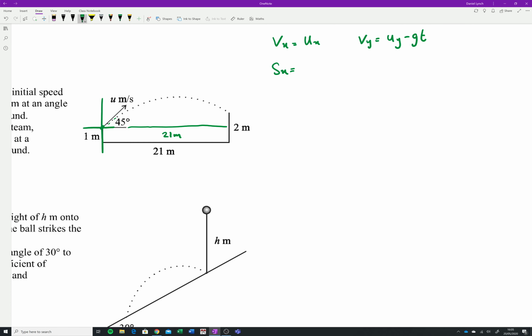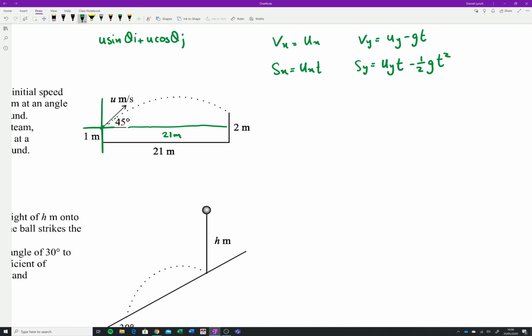And we also have our Sx, it's Ux times t, and Sy is Uy times t minus a half gt squared. Just the initial one here, it's u sine theta i plus u cos theta j.